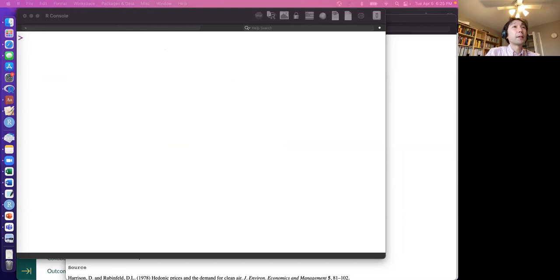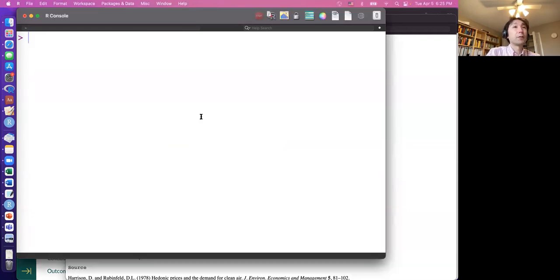After that, we do boosting and random forests. We need the ISLR package to use the Caravan data, so library ISLR for Caravan.